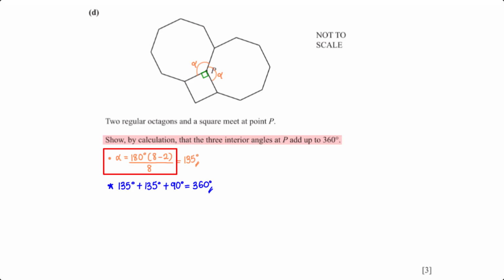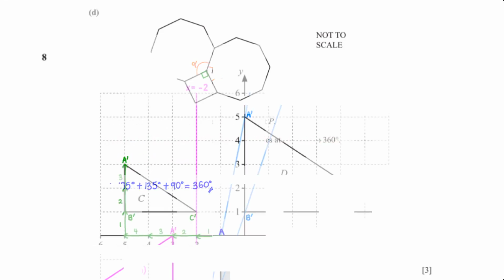The octagon has 8 sides, so n is 8. This gives us 135 degrees. The interior angle of a square is 90 degrees. So when we sum up all the angles at P, we have 135 degrees plus 135 degrees plus 90 degrees, which is equal to 360 degrees.